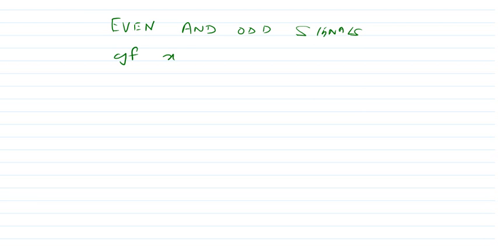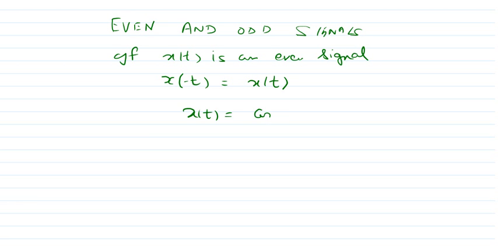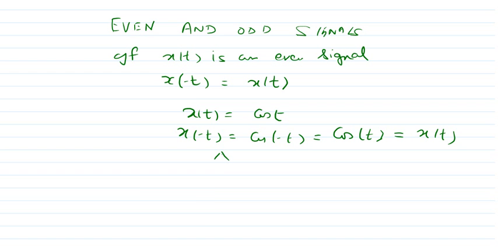If x(t) is an even signal, then x(-t) should be equal to x(t). For example, if x(t) equals cos t, then x(-t) is equal to cos(-t), which is equal to cos t. So it is nothing but x(t). So cos t is basically an even signal.